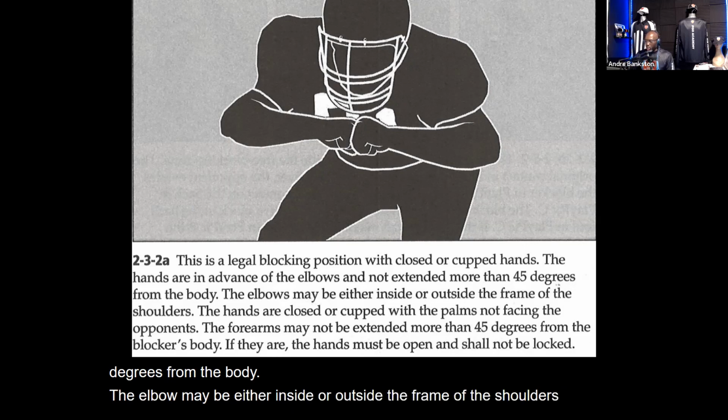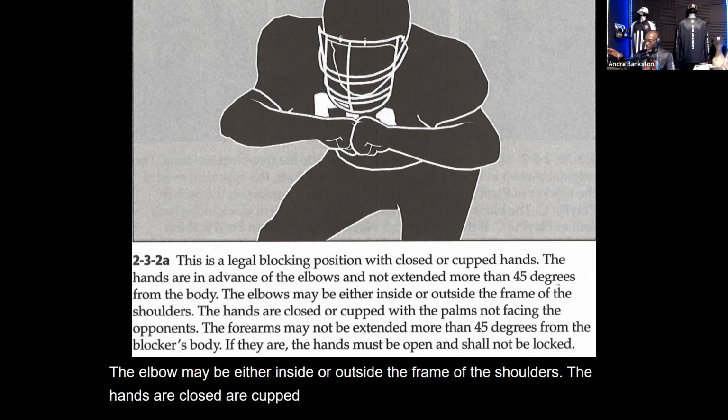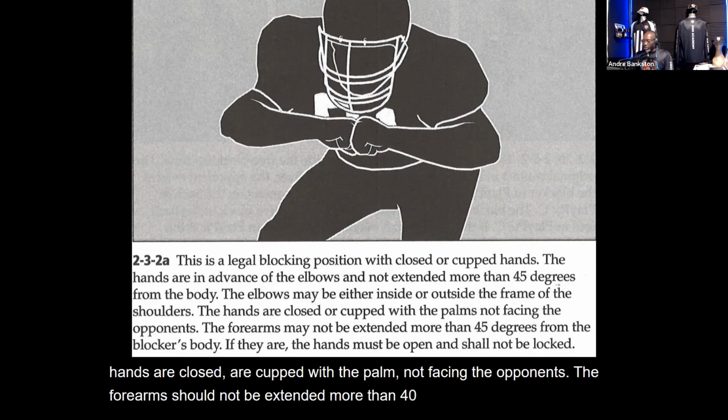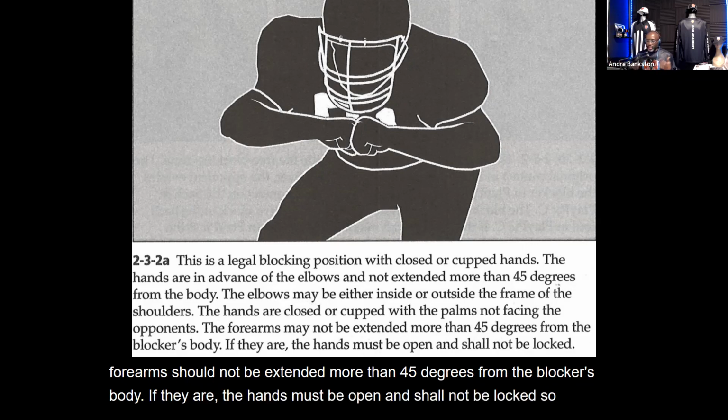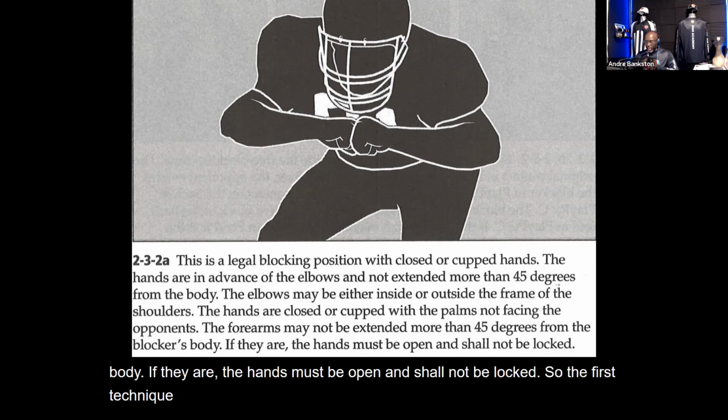The hands are closed or cupped with the palm not facing the opponents. The forearms shall not be extended more than 45 degrees from the blocker's body. If they are, the hands must be open and shall not be locked. So the first technique is the cupped hand technique, all right?